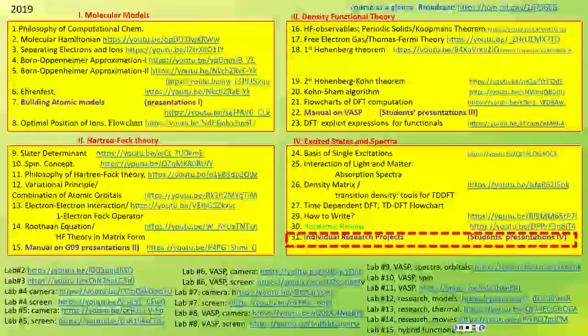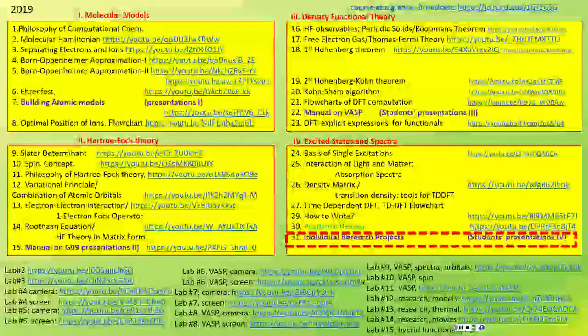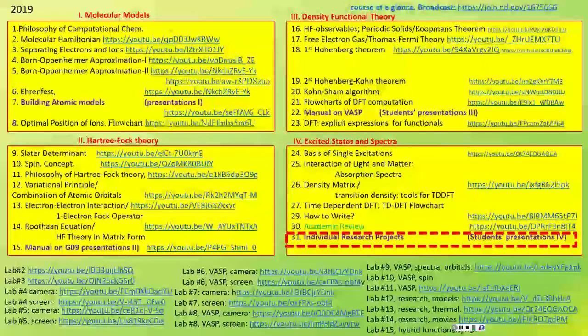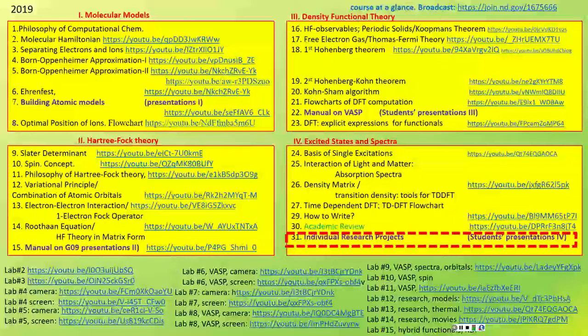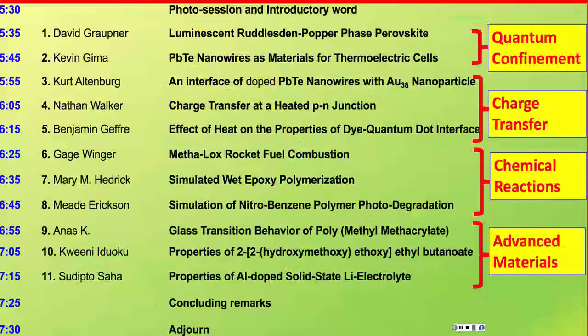If you are coming here for the first time, the course consisted of 4 components: the basic ideas of modeling molecules, the electronic structure of Hartree-Fock theory, density functional theory, the workhorse for modeling anything, and excited states. So the presentations today are 3 real additions to the course.